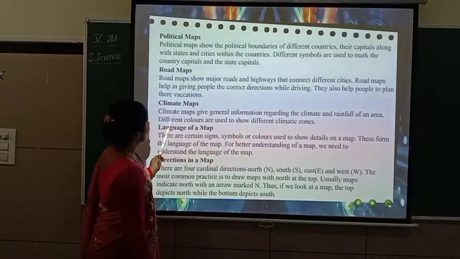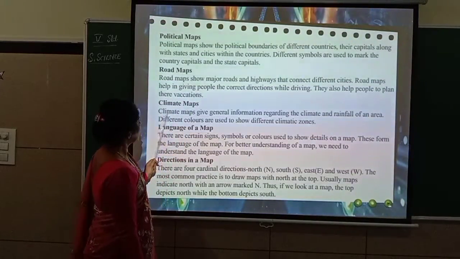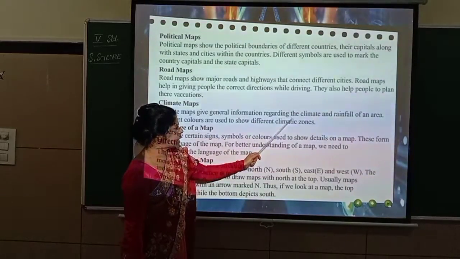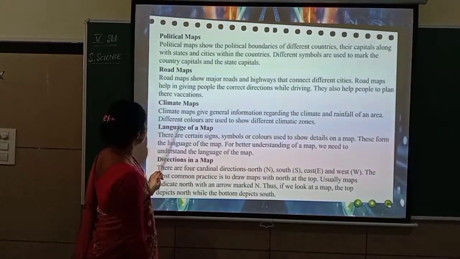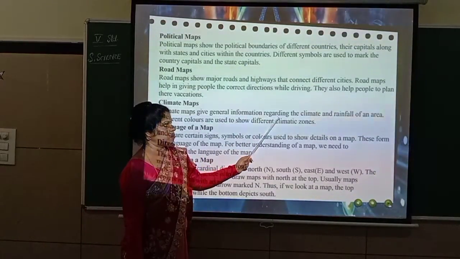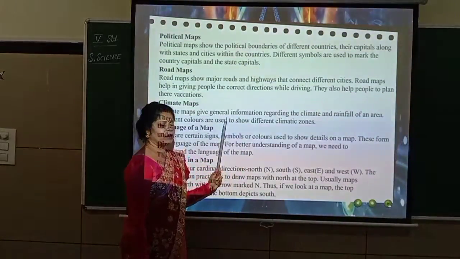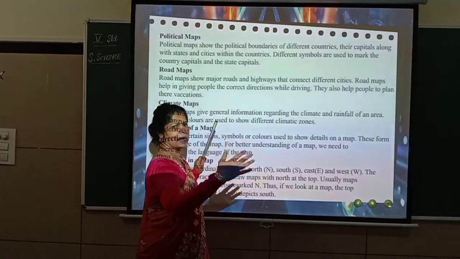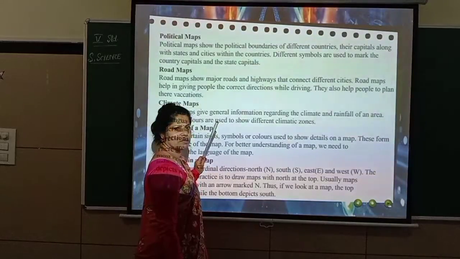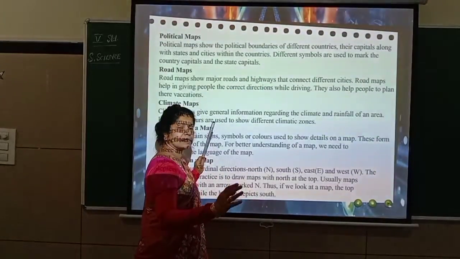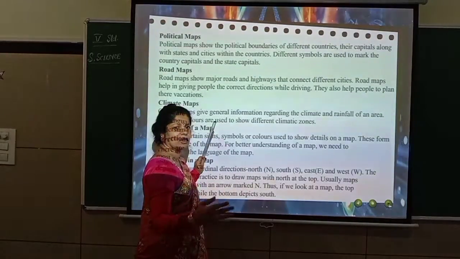Coming to the next one is climate maps. Climate maps give general information regarding the climate and rainfall of an area. You would have seen when you watch TV news, what they say, next 3 days there will be heavy rain, next 3 days there will be cyclone, or maybe there may be bright sunlight in the daytime and again at night it will be raining.